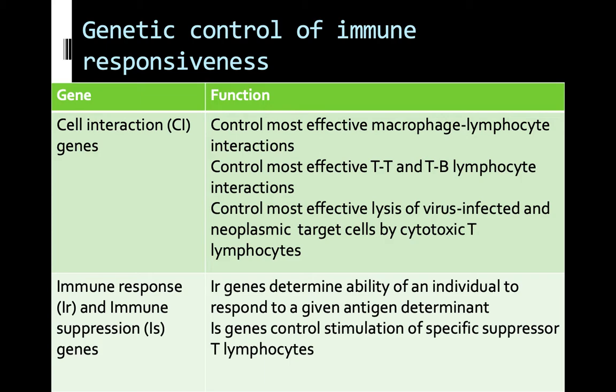Then we also have immune suppression. Immune suppression genes are responsible for deactivating pathways such as the secretion of humoral factors. They may be activated in order to regulate the process.